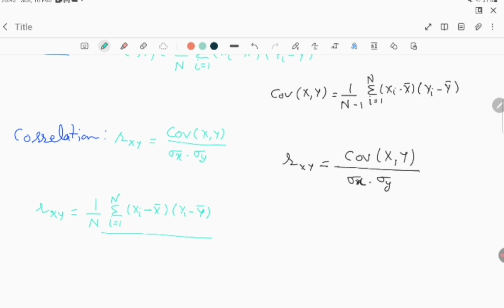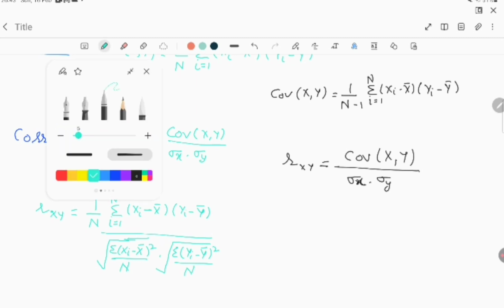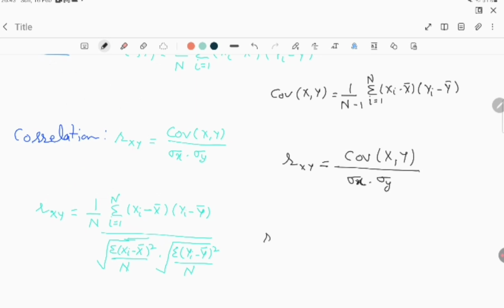So the standard deviation of x is equal to the square root of summation xi minus x bar squared divided by n, multiplied by the square root of summation yi minus y bar squared divided by n. And the same for the sample correlation.